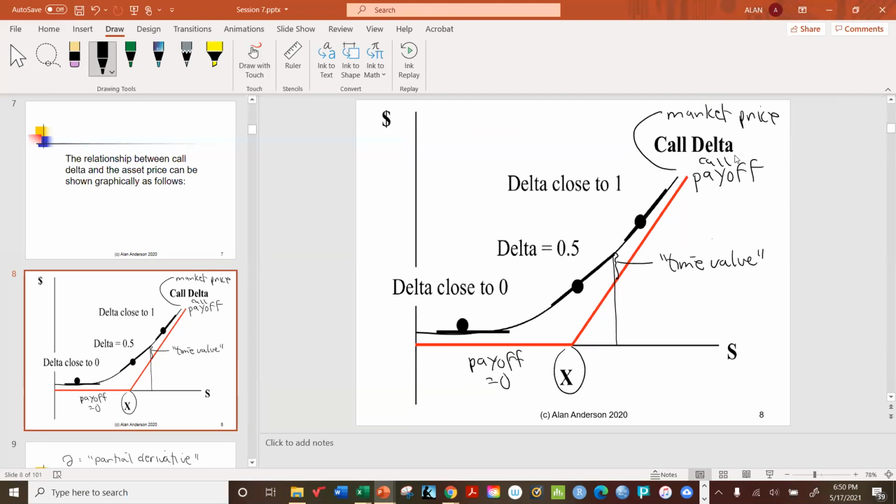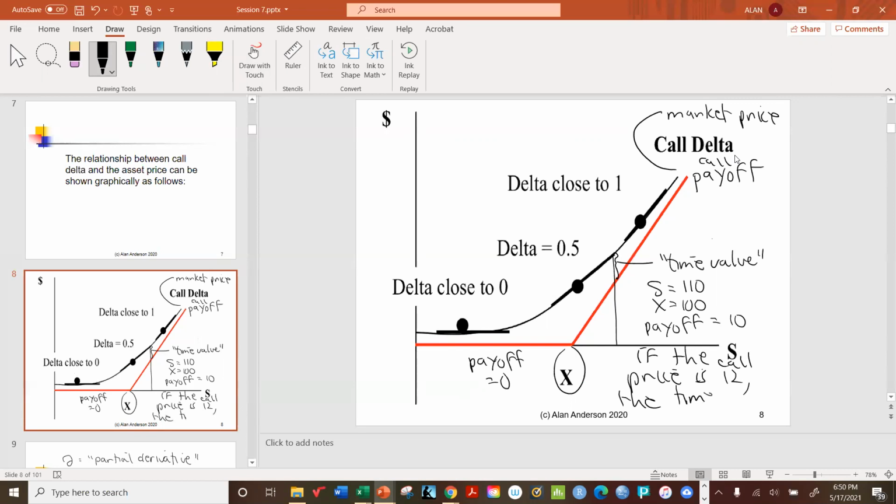So in other words, let's say the stock is selling for 110 and the strike is 100. Well, the intrinsic value, or payoff, is 10. If the call price is 12, the time value is $2, because it's 12 minus 10.